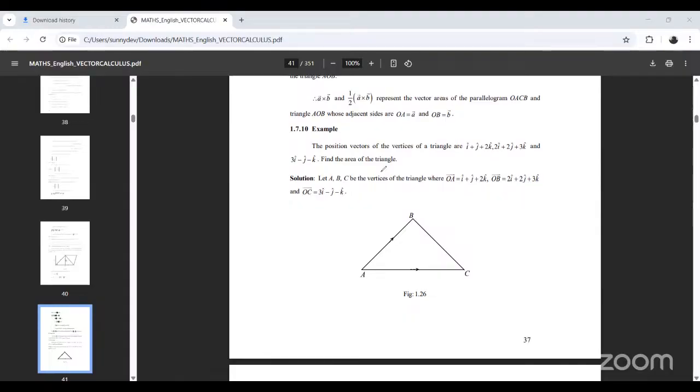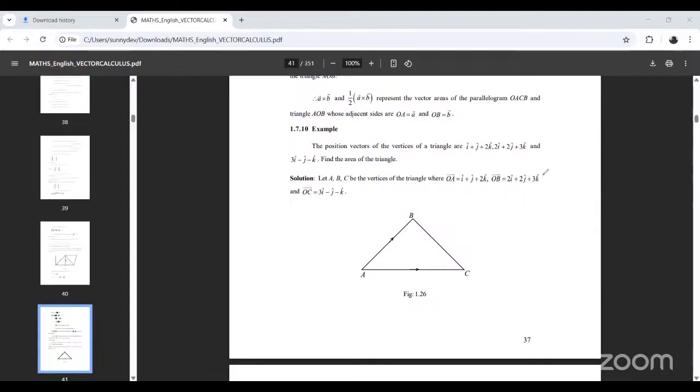If the three vectors make one triangle, in the examination they ask to find what is the area of the triangle.